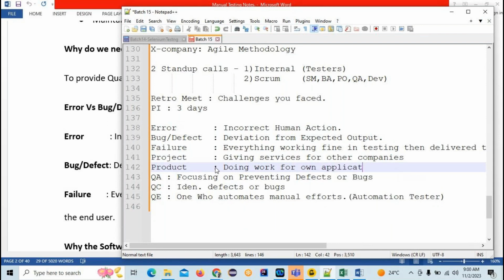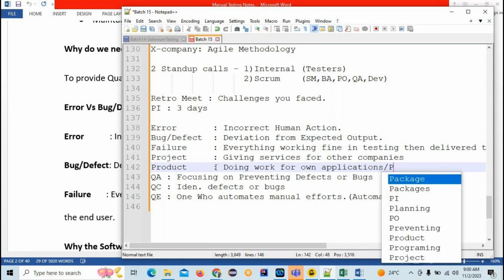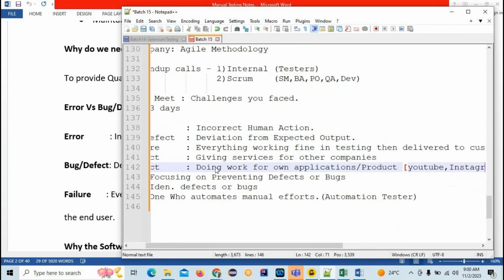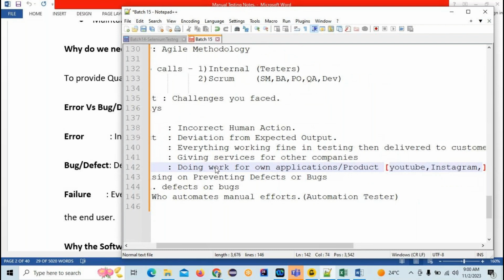It's called a product. For example, you can see YouTube. It is a product. And next, Instagram. It's a product. And then we have AWS, AWS Cloud.